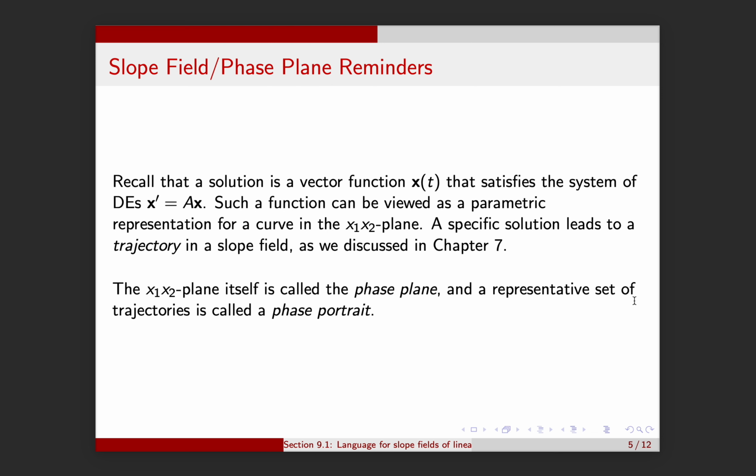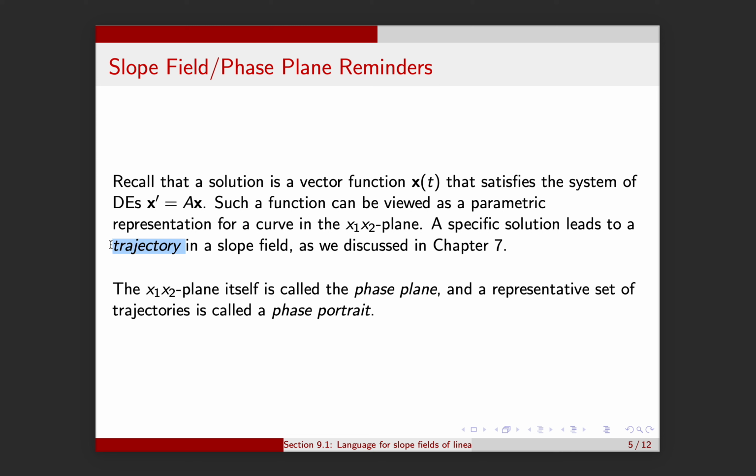A reminder about how slope fields work from chapter 7. You can draw that vector field like we've done, and then if you plop your finger down in the slopes app, it'll draw a trajectory for you, which is a representation over time of a single solution to the original system. And so you're watching both x1 of t and x2 of t track over time through that vector field, and that's called a trajectory.